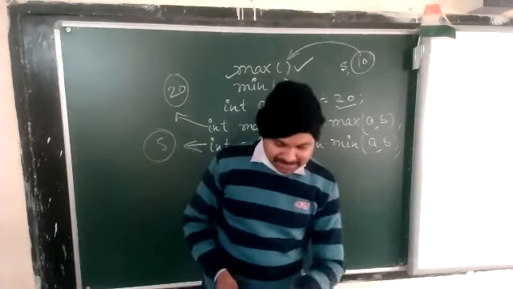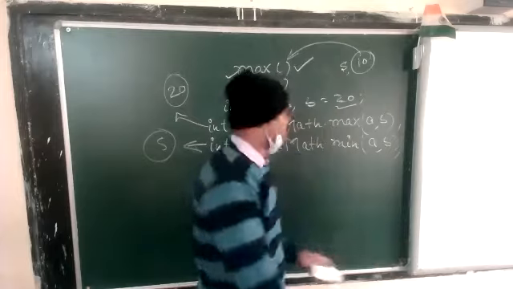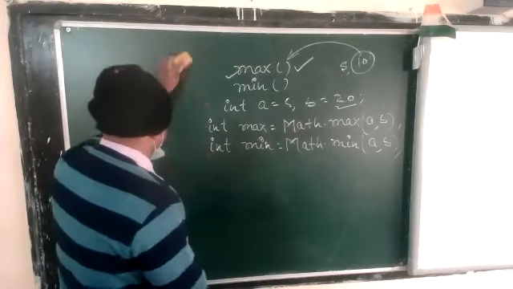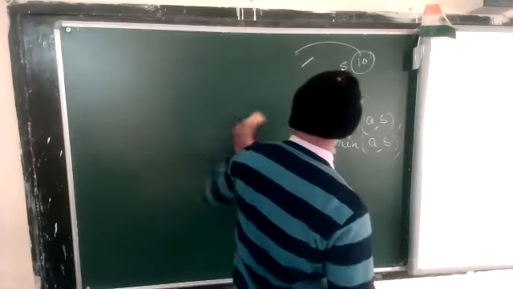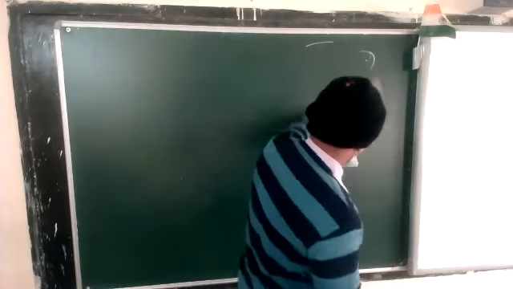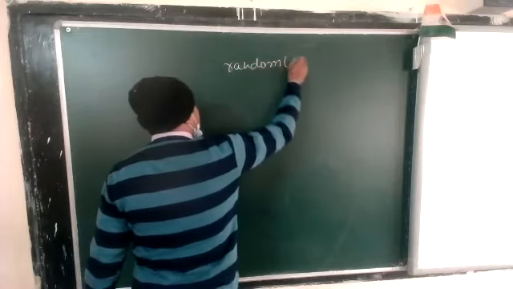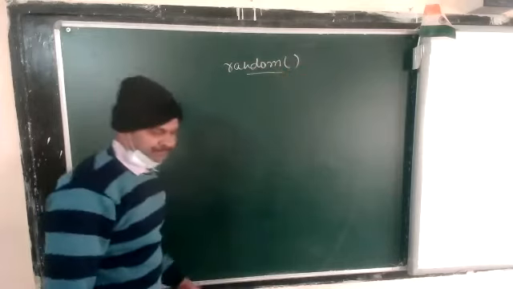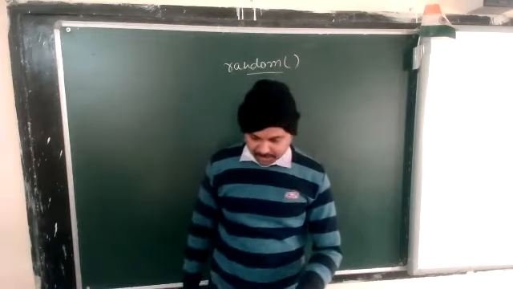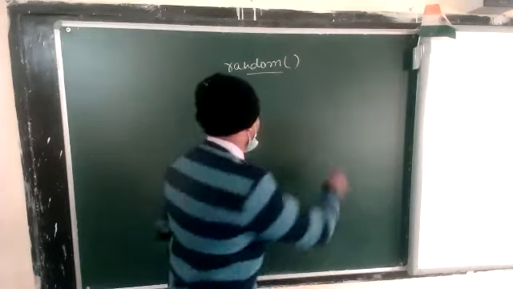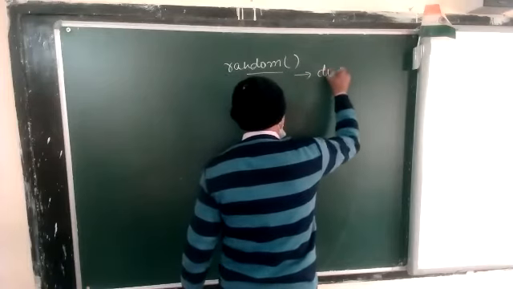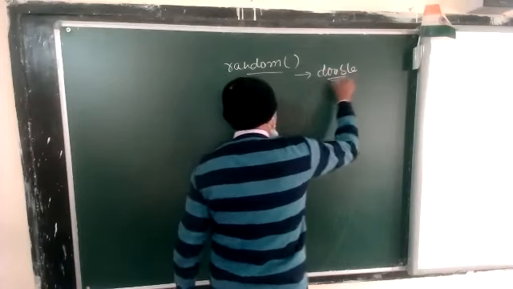Now the last method is the random function of the Math class. Let us understand, the random function also returns double type.